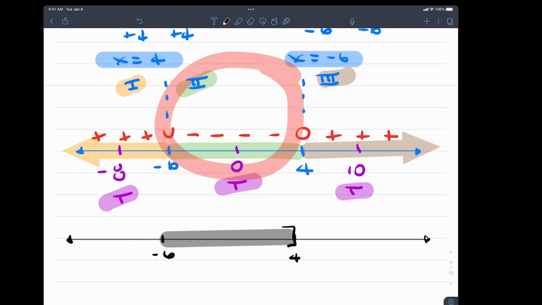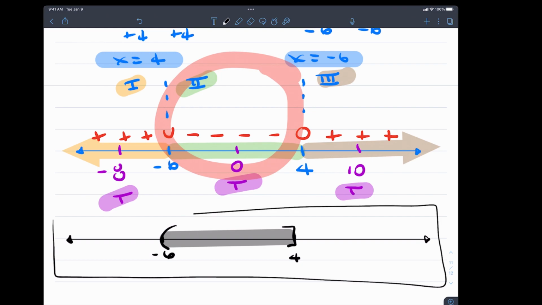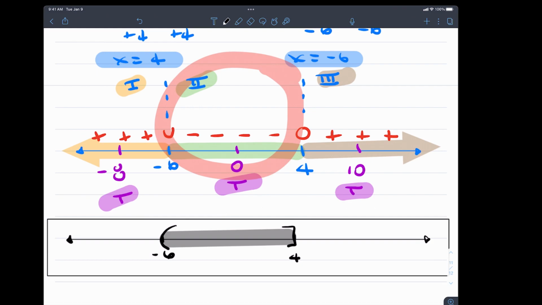Yes. Do I exclude -6? Yes. Parentheses, bracket. There you guys go. What do you guys think? Easy breezy, lemon squeezy?